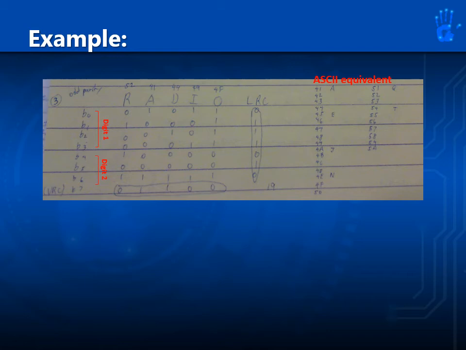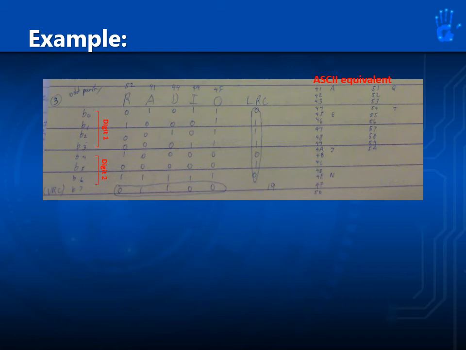For R, there are 3 ones, so our parity bit is 0. For A, there are 2 ones, so it is an even number. We will add a 1 for the parity bit to make it odd. And then D, there are also 2 ones, it is even, so we'll add the parity bit 1 to make it odd, and so on.